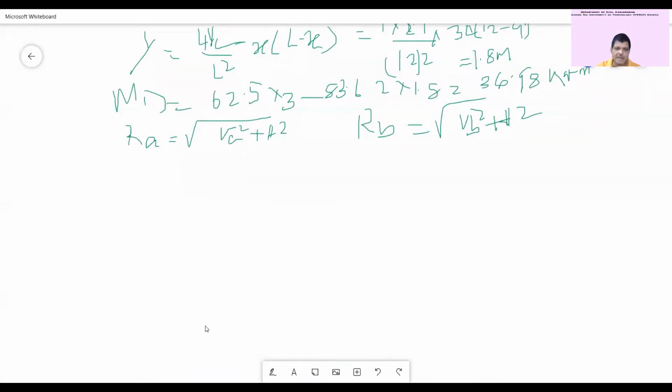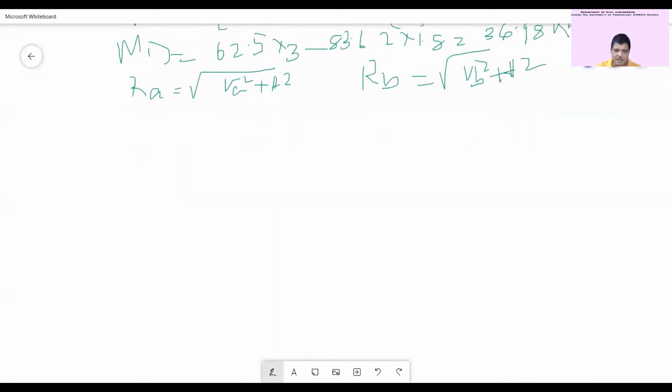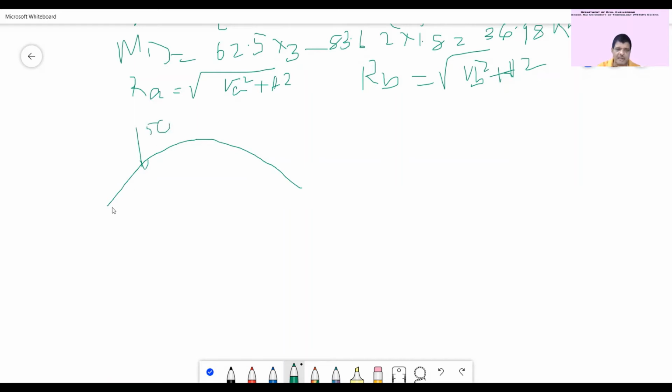Now here again one question comes to mind: if any section is given, suppose you are asked to find the moment at 5 meter, where at 3 meter you have a load of 50 kilonewton. How will we calculate the moment at 5 meter?